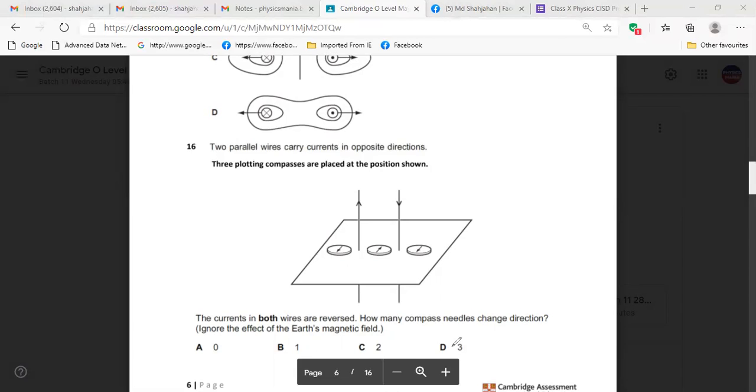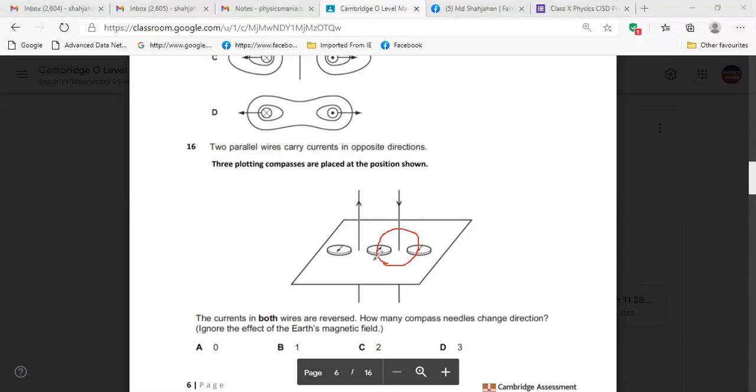I don't think the middle one will change. It's the same thing if you reverse. If you draw here, now it is clockwise, right? So if it is reversed, then it will change, right? Both the wires are reversed.